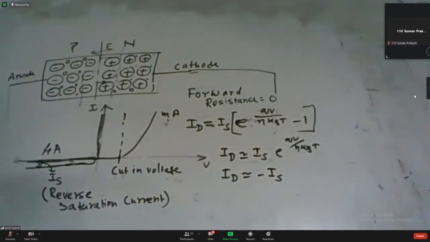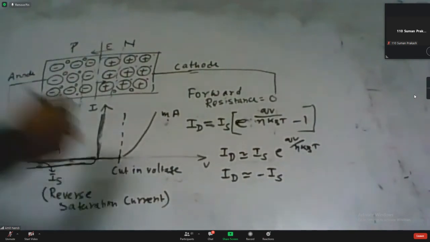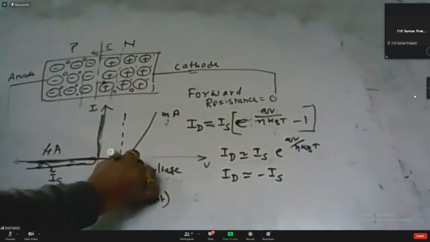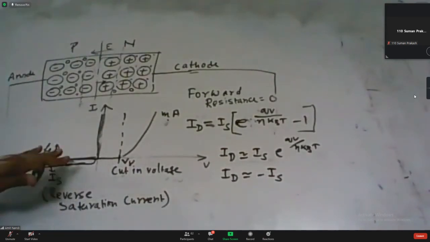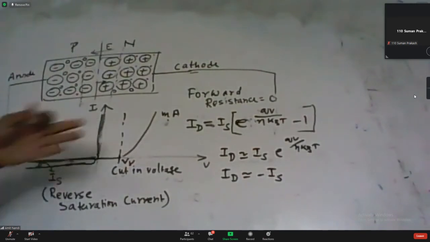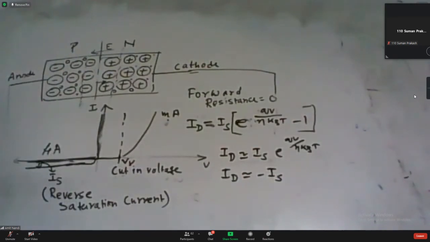If we consider this, then obviously the cut-in voltage can also be represented as V like this. If we consider this type of approximation, the diode is used as an ideal diode. After the cut-in voltage, the current increases sharply like an ideal diode.